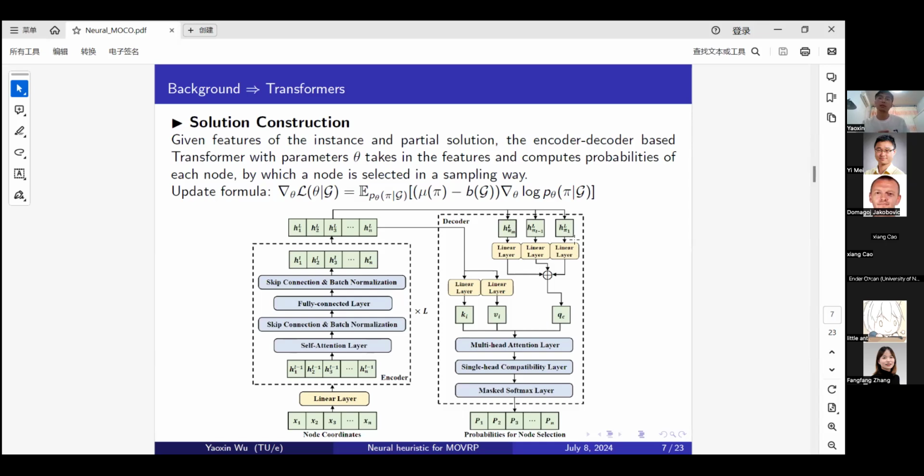We will linearly project this information into a context embedding, and this context embedding is used to do cross attention with the node embeddings, and then we can just use softmax to get the probabilities over these nodes. And with these probabilities, we can sample which node to visit in the next step. So the background is over.